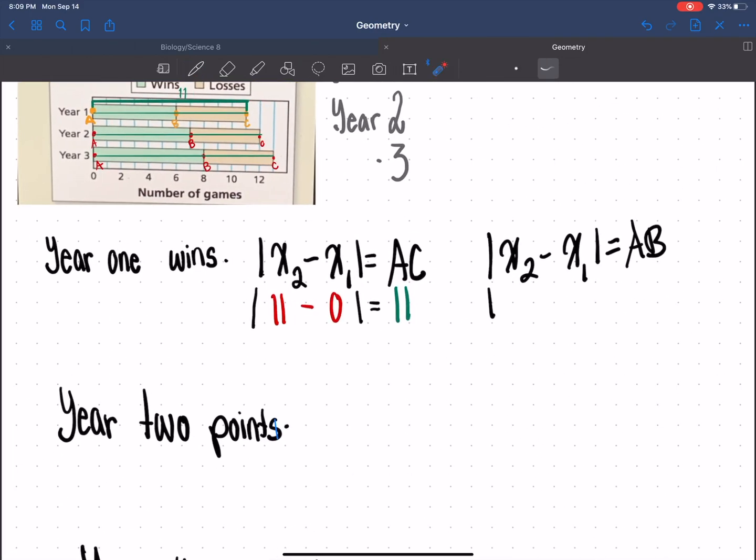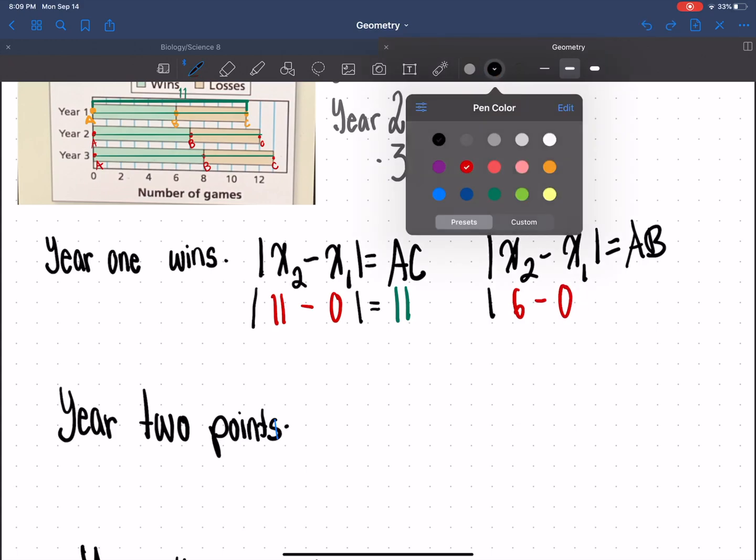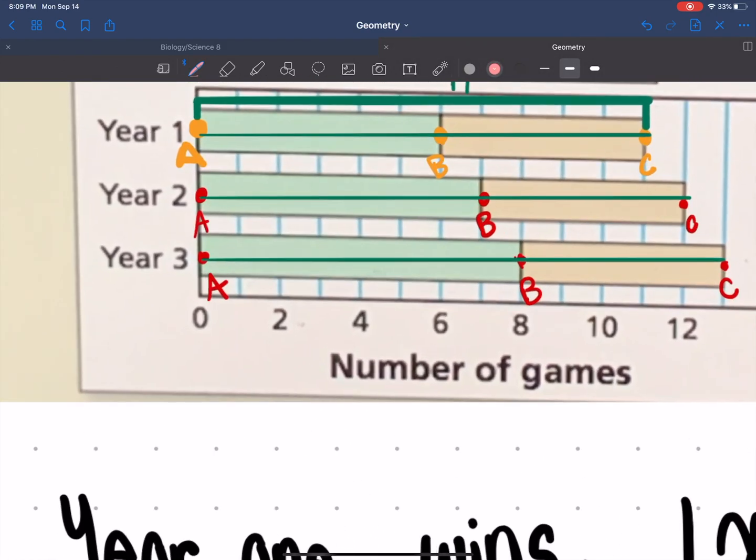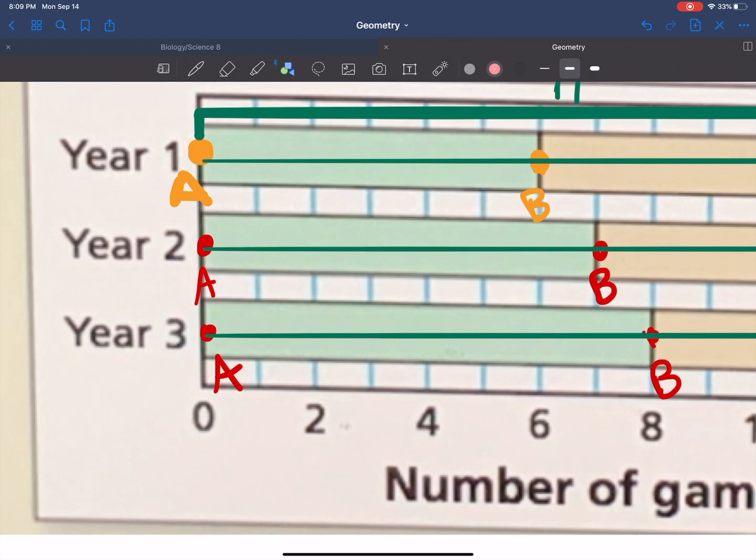For A, we know it is 0, and we know that B is 6. So we're going to do 6 minus 0, which is equal to 6, and absolute value would still be 6. So the distance from A to B is 6.